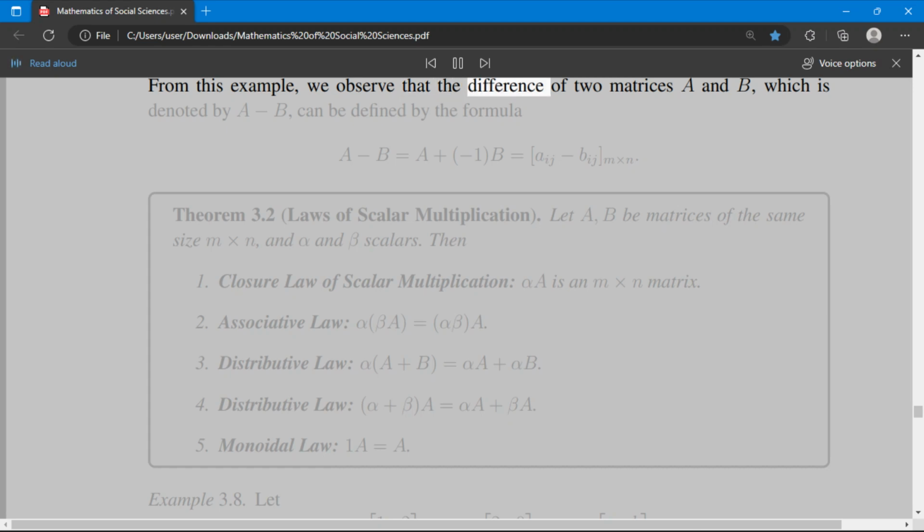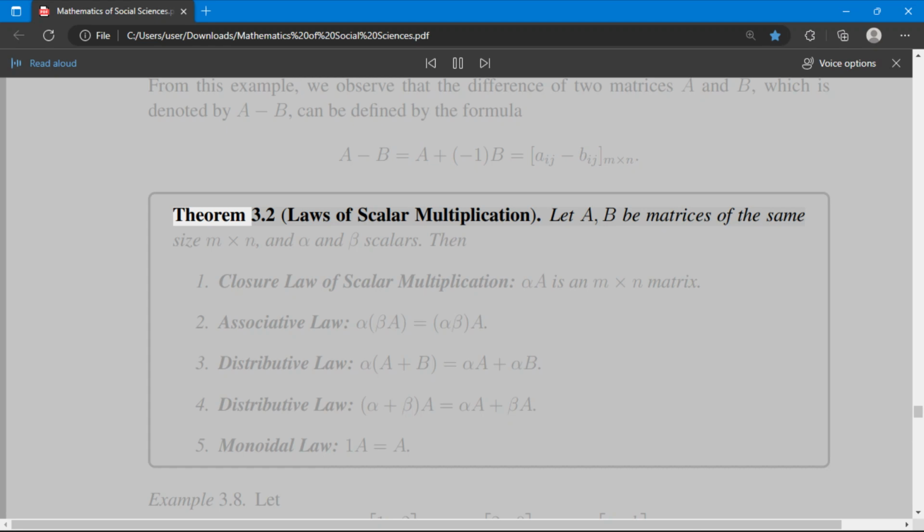From this example, we observe that the difference of two matrices A and B, denoted by A minus B, can be defined by the formula A minus B equals A plus (-1)B equals [a_ij minus b_ij], m times n.